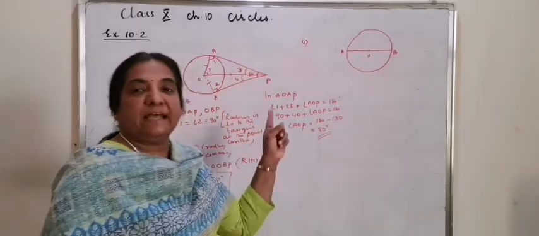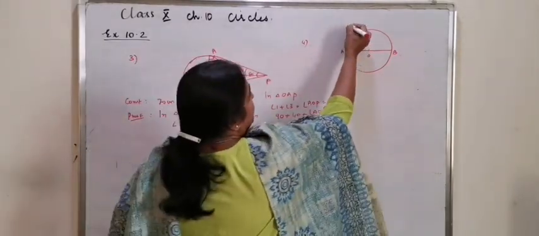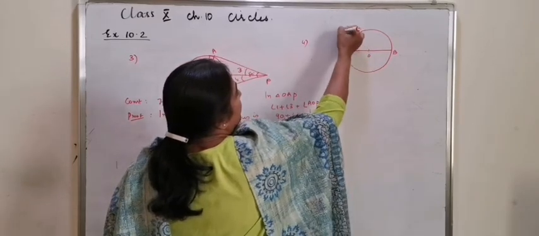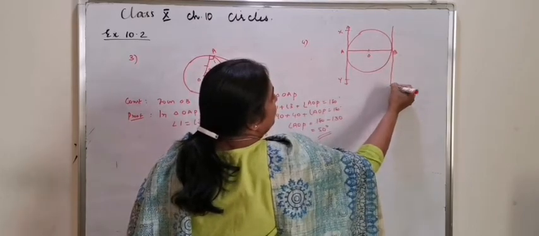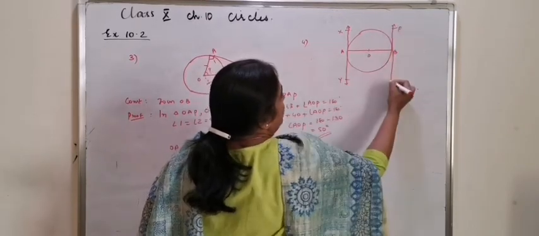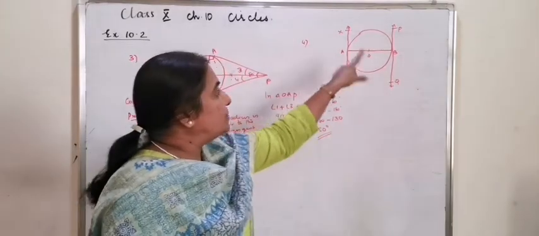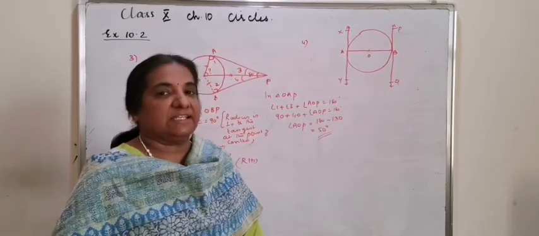The end points of the diameter are the points A and B. There are two tangents, one through A and one through the point B. We have to prove that those two tangents XY and PQ are parallel to each other.